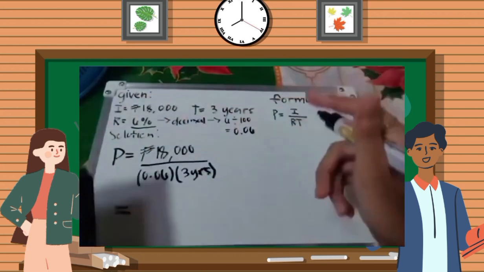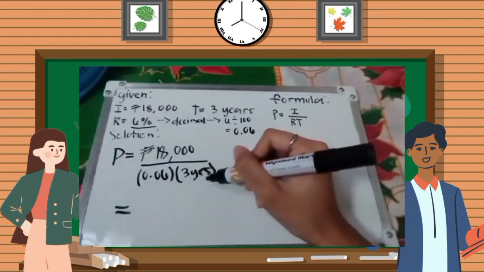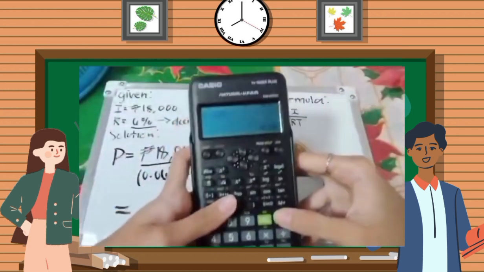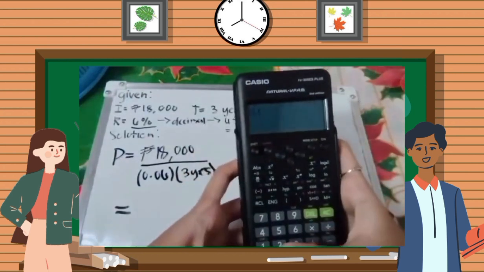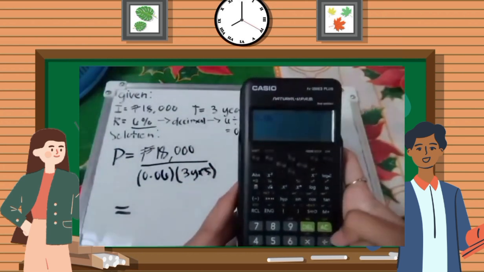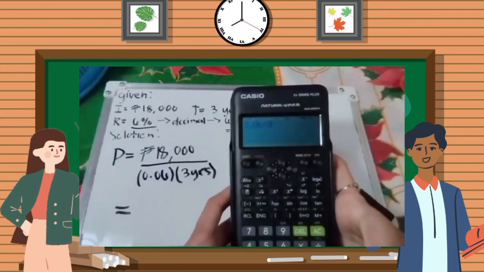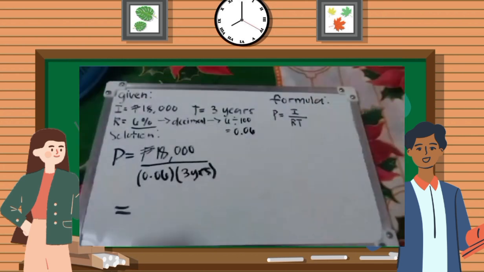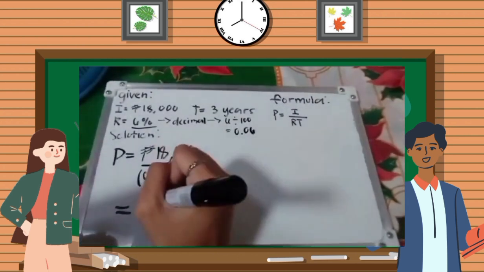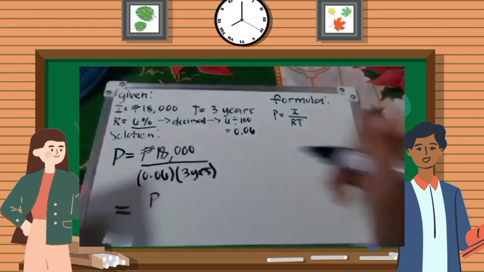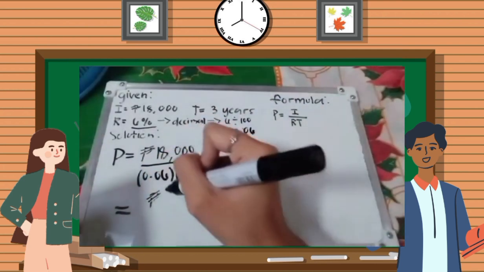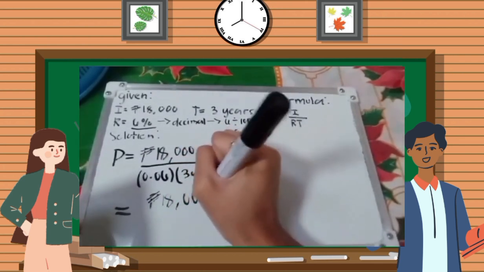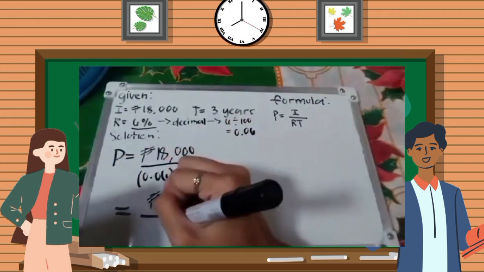Sunod po natin gawin ay pag-multiply ang 0.06 sa 3 years. Ang answer po ay 0.18. Then 18,000 pesos over 0.18.